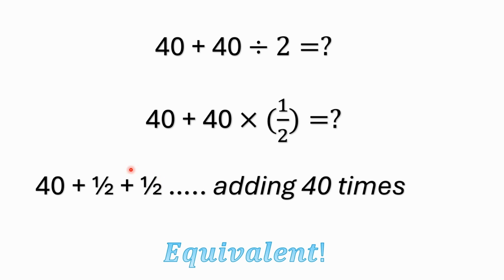So again, 40 plus 40 divided by 2. 40 divided by 2 is the same thing as saying 40 times 1/2. So these two expressions are equivalent. And then 40 times 1/2 is the same thing as saying 1/2 plus 1/2 plus 1/2, adding 1/2 40 times. If you add 1/2 40 times and add that to 40, guess what? You're going to get the correct answer of 60.